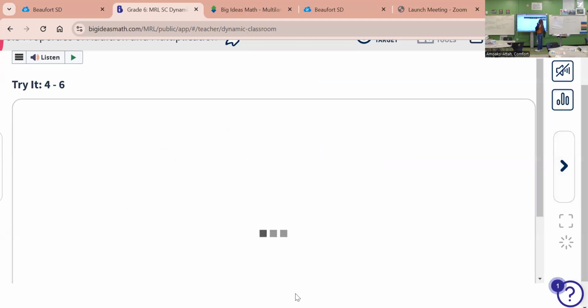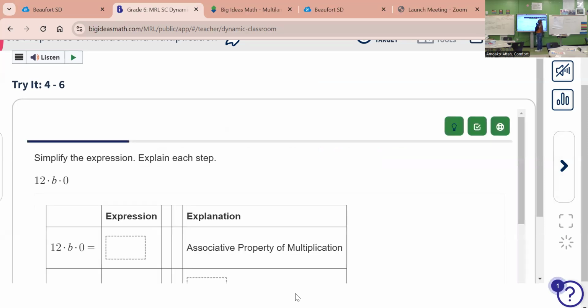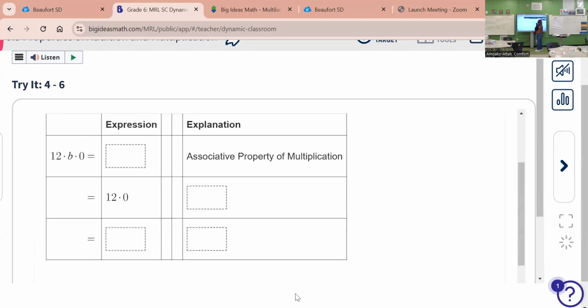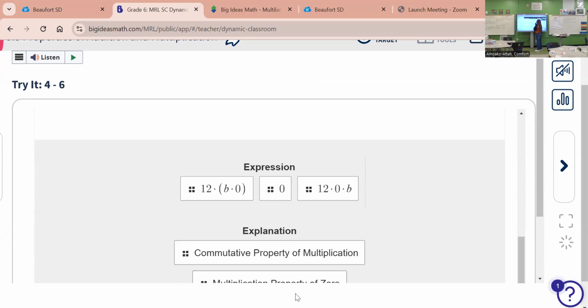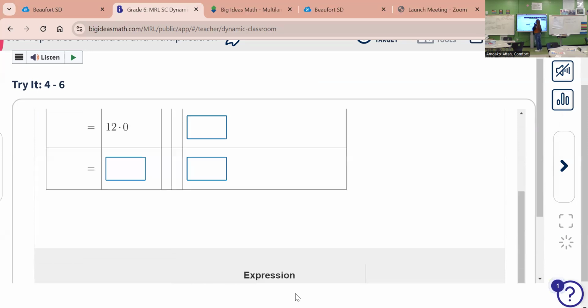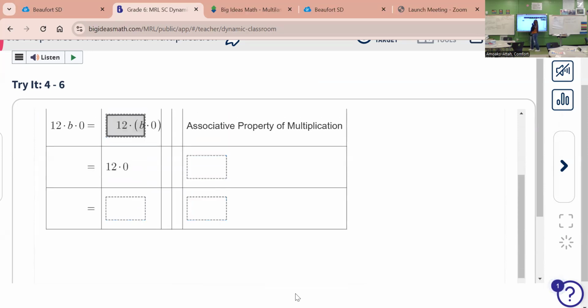Now let's go to our try-it question. The first try-it question is 12 times b times 0. Use the associative property to simplify it. It means you're going to regroup them. So I'll choose this. I'm going to apply my parentheses. So 12 times b times 0 in parentheses. That's the associative property, regrouping.